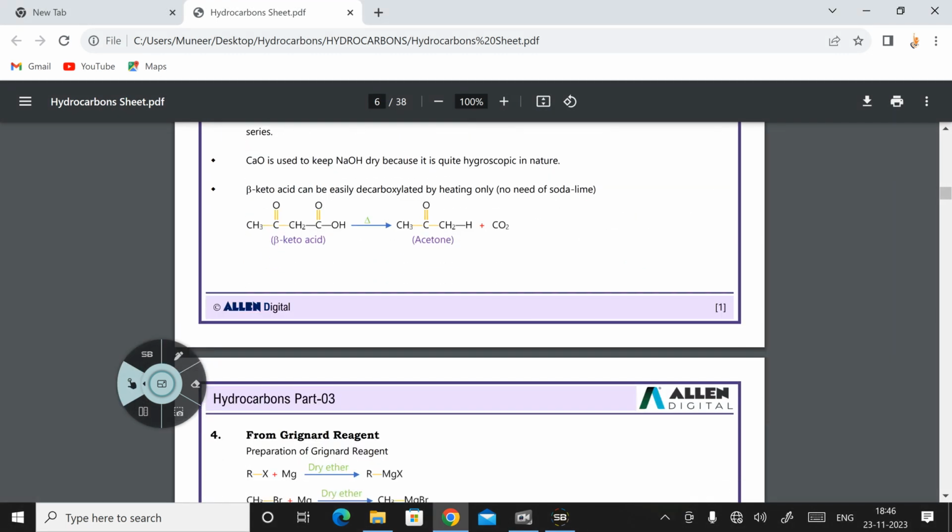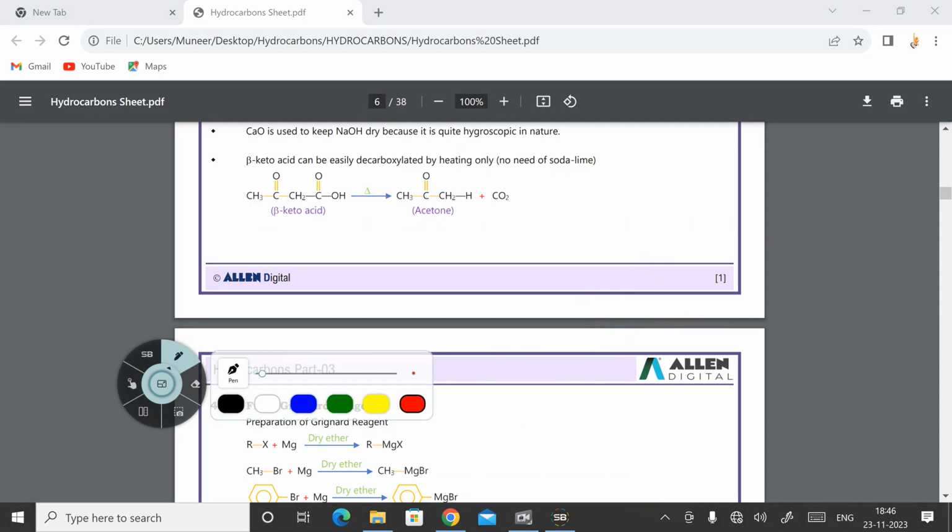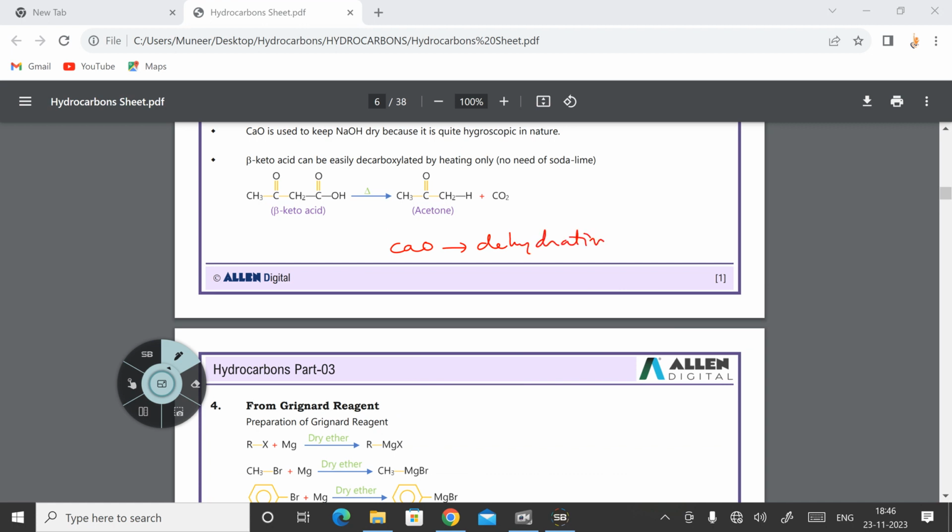Okay, what is the use of CaO in this process? CaO is a dehydrating agent. Note down, dehydrating agent. Here NaOH is used in this reaction. NaOH is a hygroscopic substance.